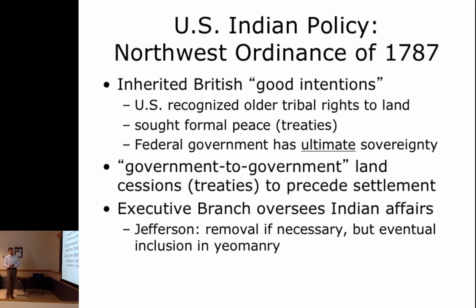And the Northwest Ordinance, as well as parts of the Constitution, makes it fairly clear that the United States federal government and not the states have authority in dealing with the Indian tribes, because the Indian tribes were, in 1787, recognized as sovereign entities. And that's because they were relatively powerful and held land that the United States desired. So they were dealt with on a sovereign to sovereign basis, usually.